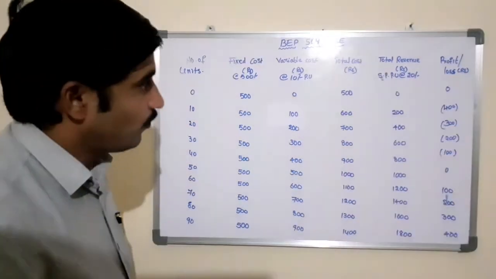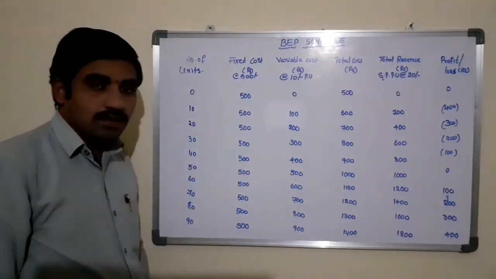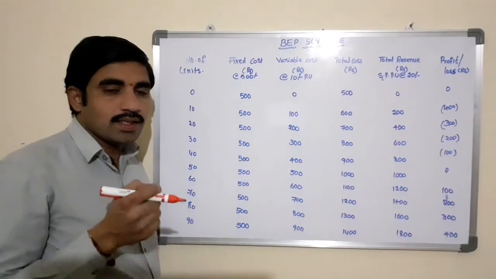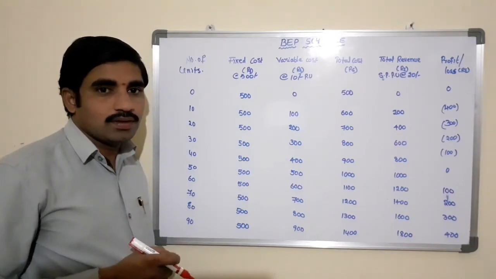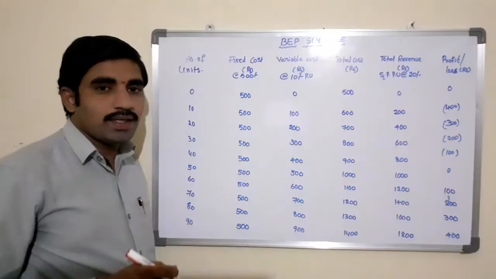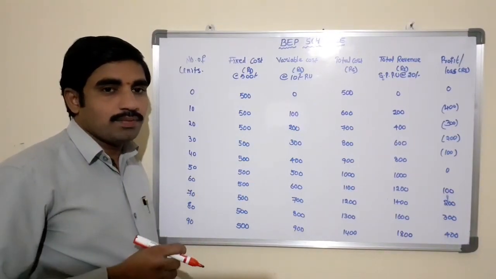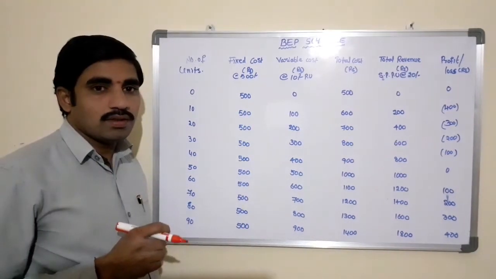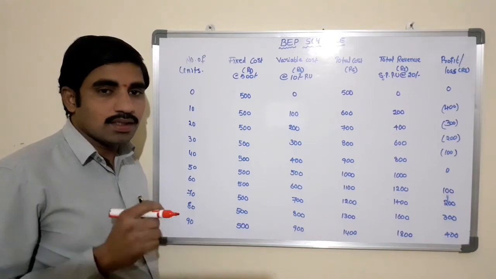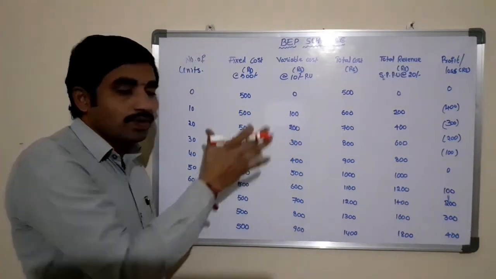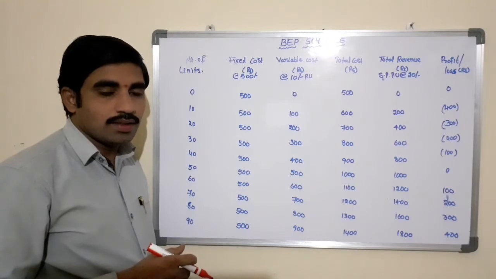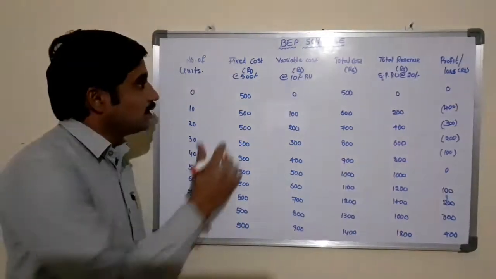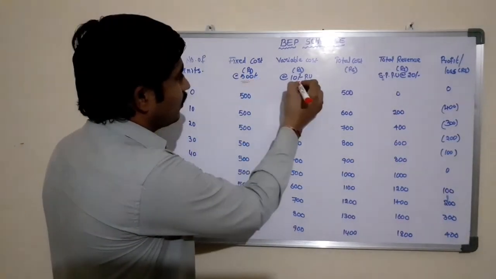Now, before going to explaining the break-even point schedule, we need to understand the basic assumptions of break-even point. There are certain assumptions to determine the break-even point by using the break-even analysis concept. The first and foremost important assumption is that whatever cost we incur to produce the product in the business must be in a position to be classified into two costs, that is fixed cost and variable cost.